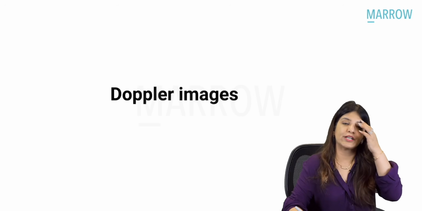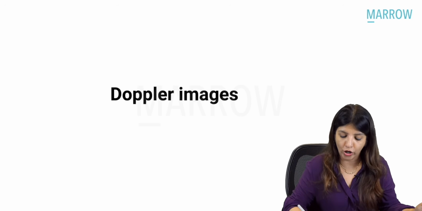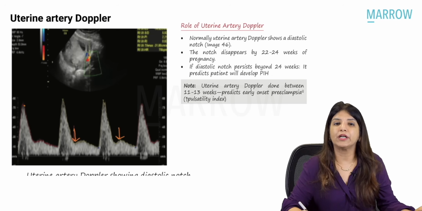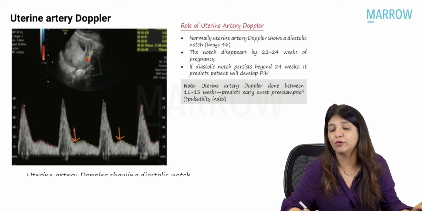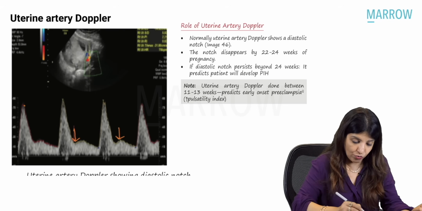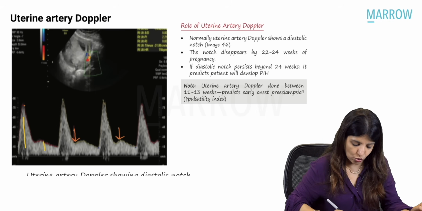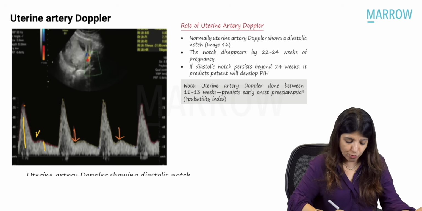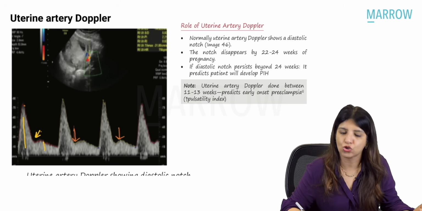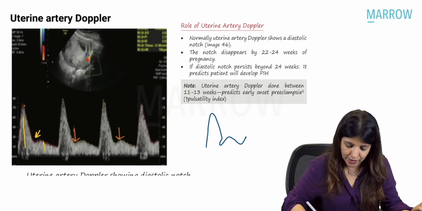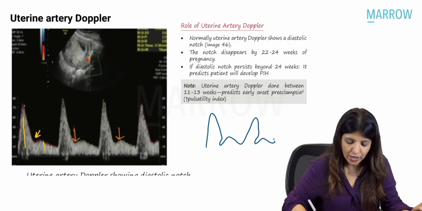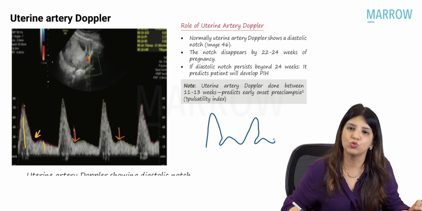Next, a very important set of images are those which come on Doppler. Now this particular Doppler shows the uterine artery. In the Doppler of the uterine artery, this over here is the systole and this over here is the diastole. Just before diastole, do you see a diastolic notch? So you are always going to get a diastolic notch on Doppler of the uterine artery.